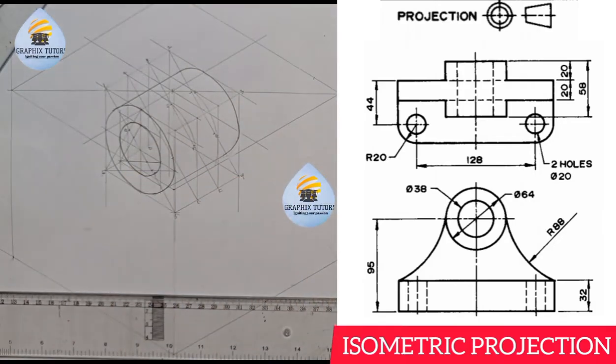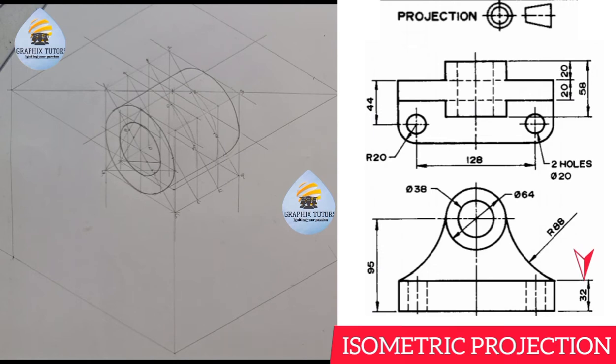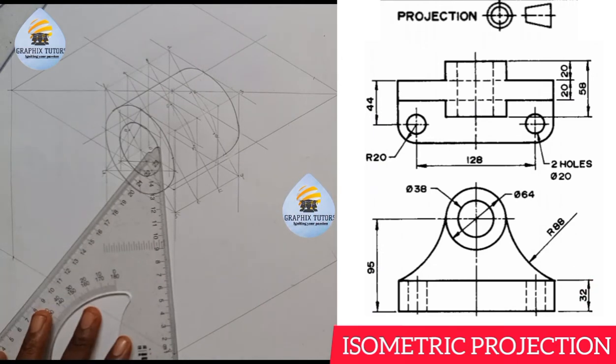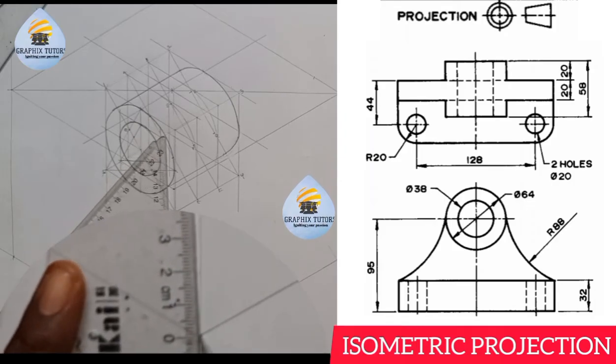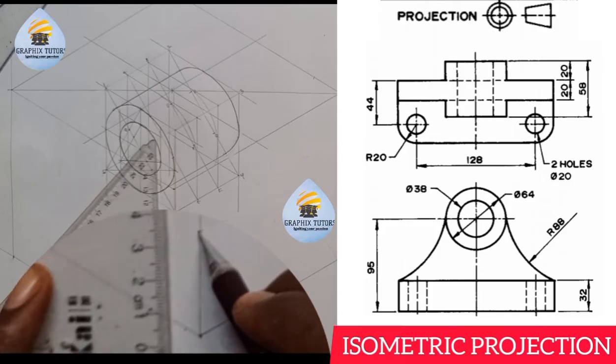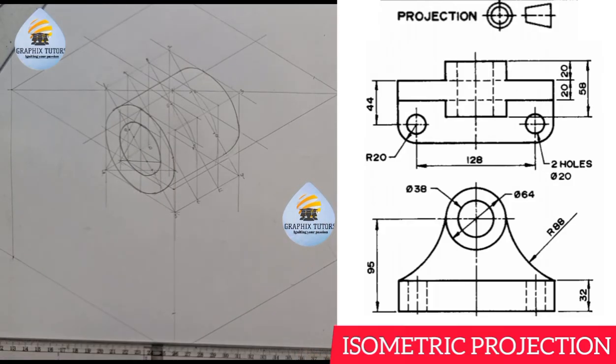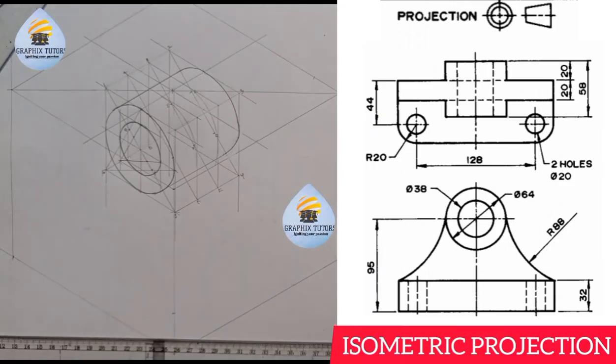And let's focus on the base here, from here to here, and that's given to be what? 32. So I am going to measure 32 from this base here, from 0, 32 here, right? If you don't have your instrument, you can easily measure 32 here at any angle. But we'll call up my instrument.